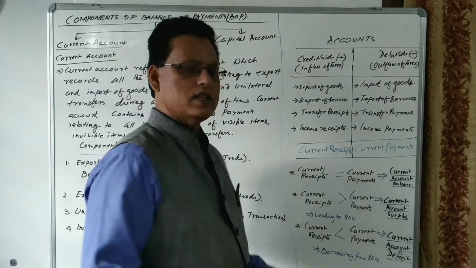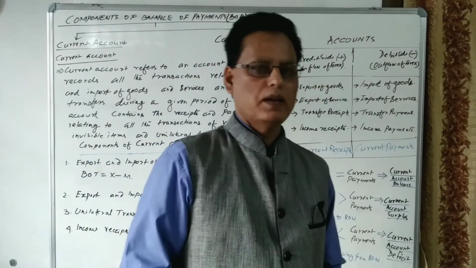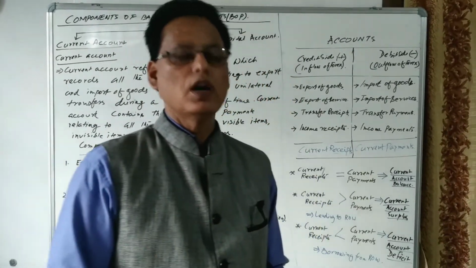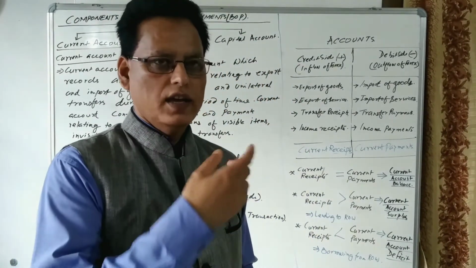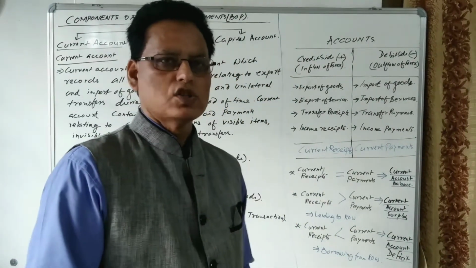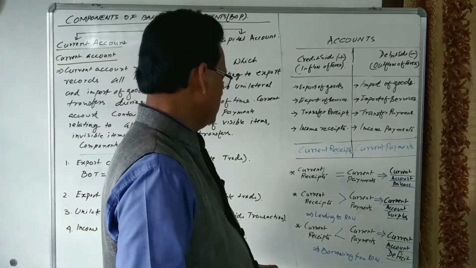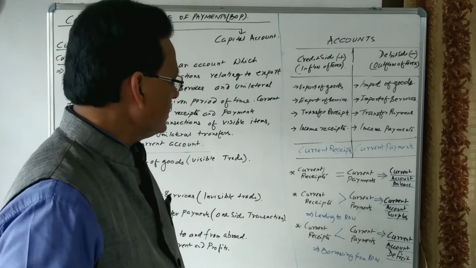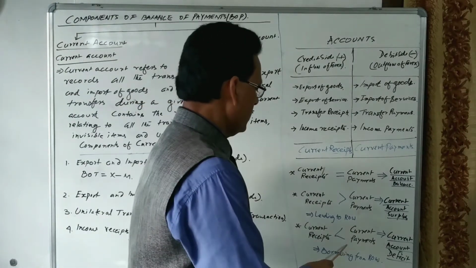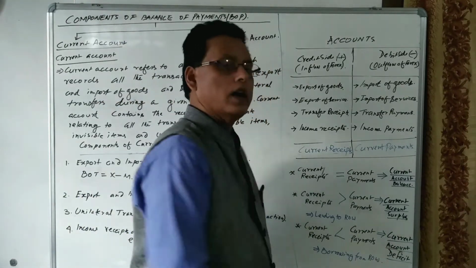Suppose we are making more payments in comparison to receipts, for imports of goods and services. If our imports are more than our exports, then current receipts are less than current payments, and there will be a current account deficit.